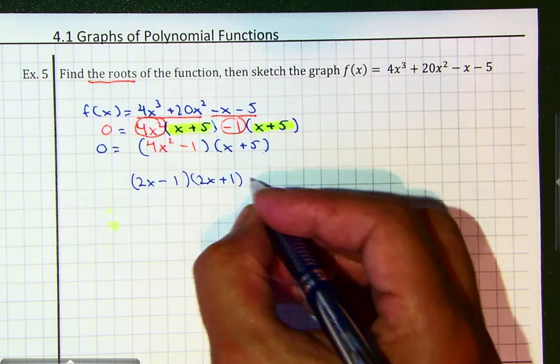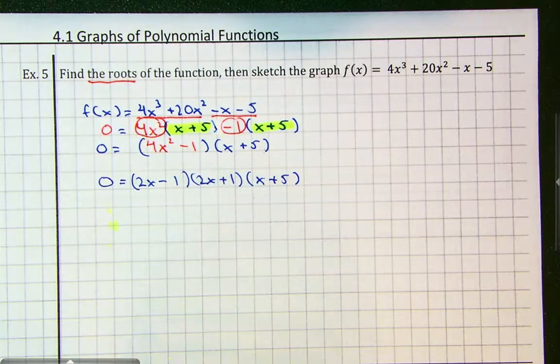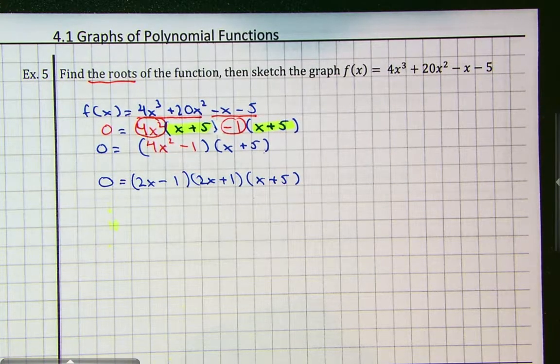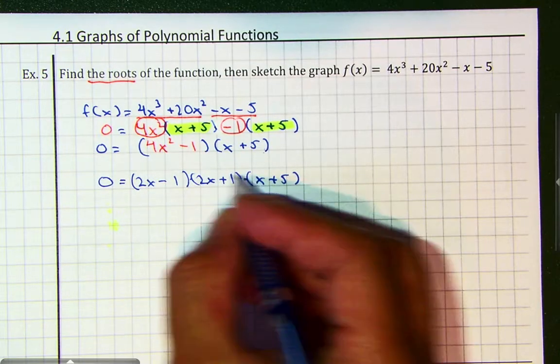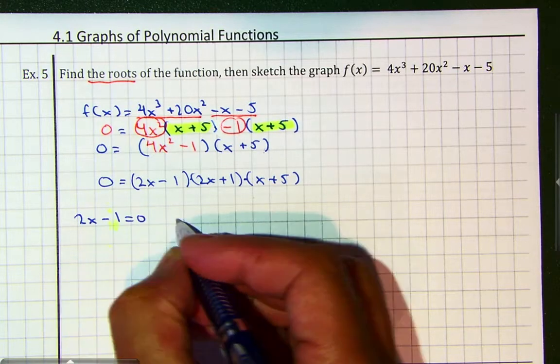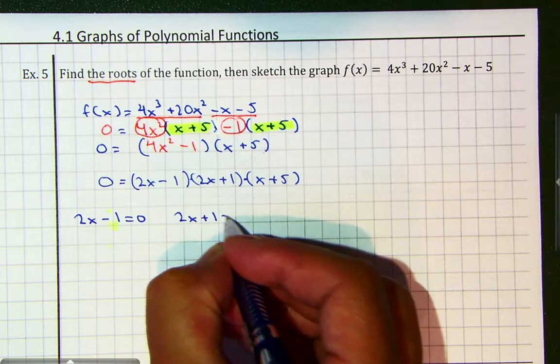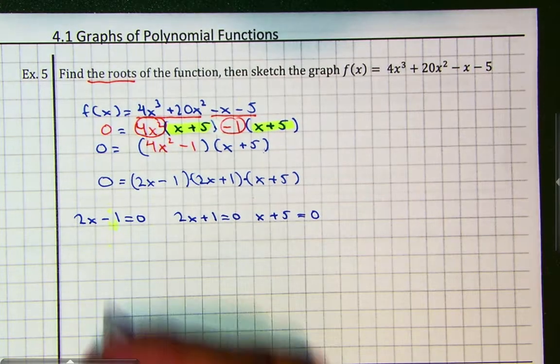And now I have my x plus 5. Let me not forget. And now I can use my zero product property. Because each of the factors are multiplying, and they equal 0, I know that either 2x minus 1 equals 0, 2x plus 1 equals 0, or x plus 5 equals 0. And now I can solve each one.